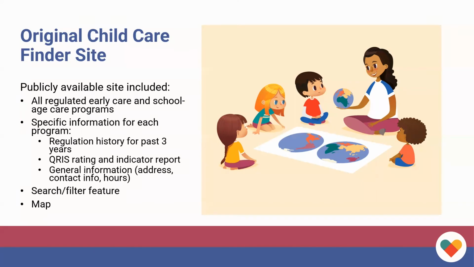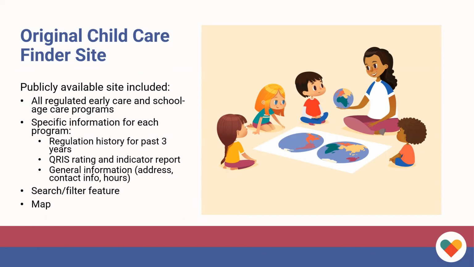And we had the regulation history for the past 3 years. We had their QRIS rating, our star rating system, as well as some reporting on how they did within the QRIS on the specific indicators that we have. And then general information about their contact information, address, their hours, phone number, things like that.